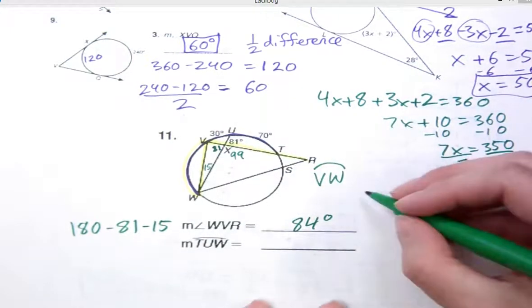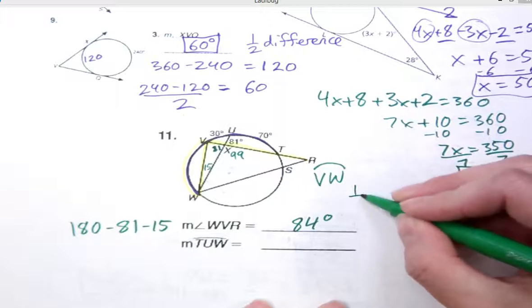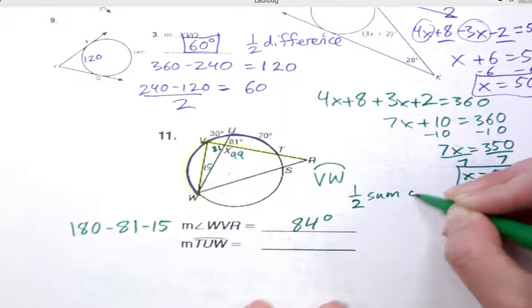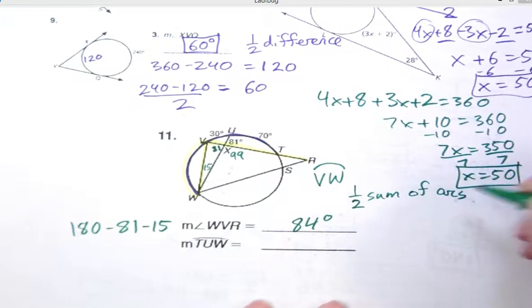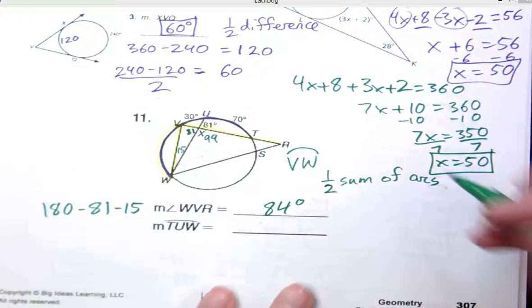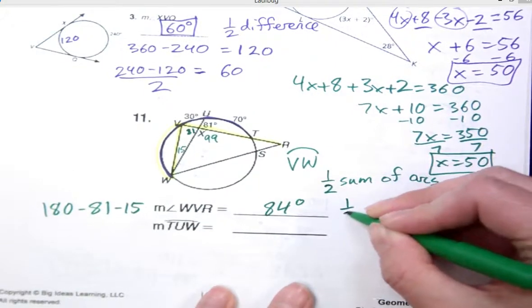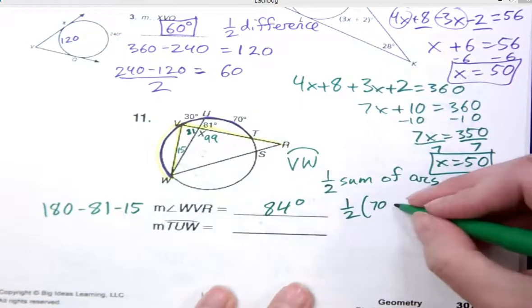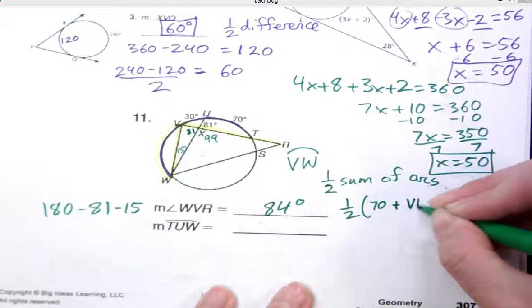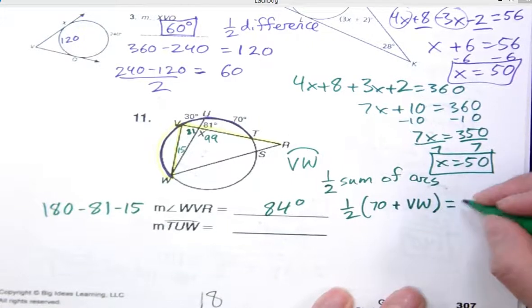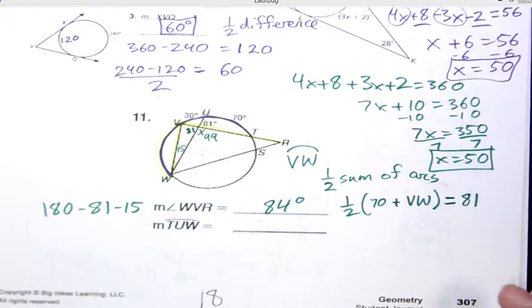But what we can do is the rule is 1/2 the sum of the arcs. And so what we need to do for that is we have 70, which we know is one of the arcs, plus whatever VW is, which is what we're trying to find, is going to equal 81, equals that central angle.